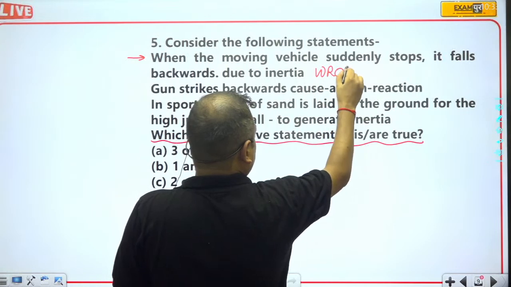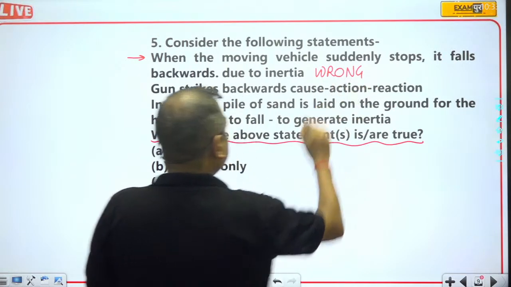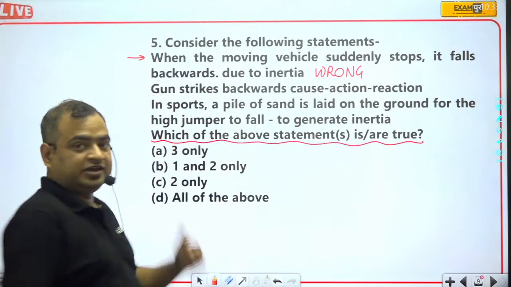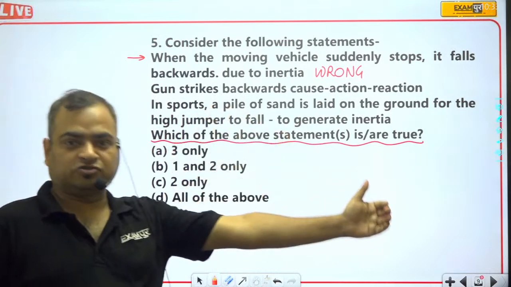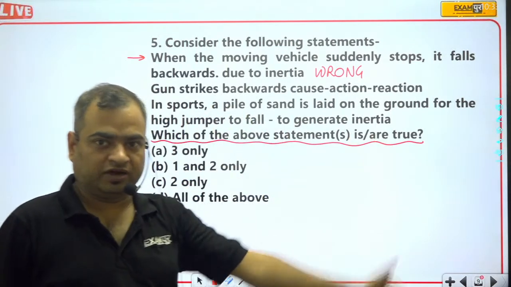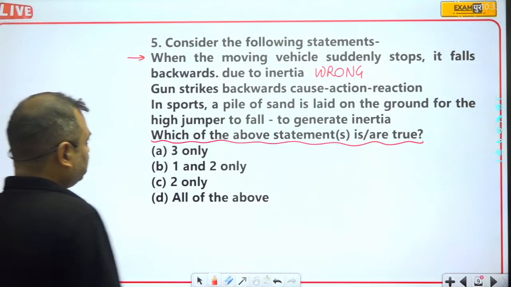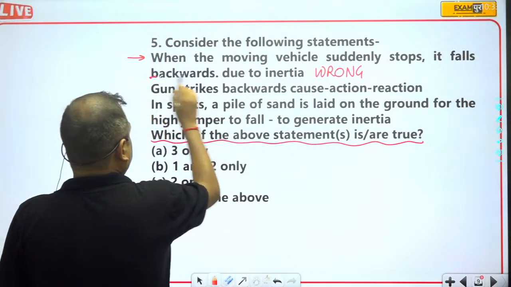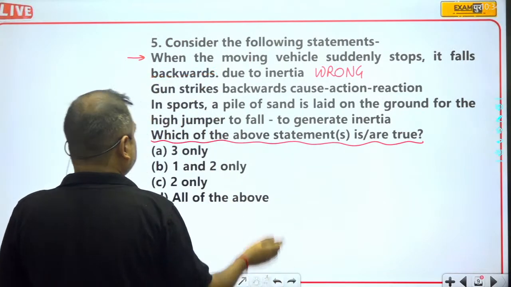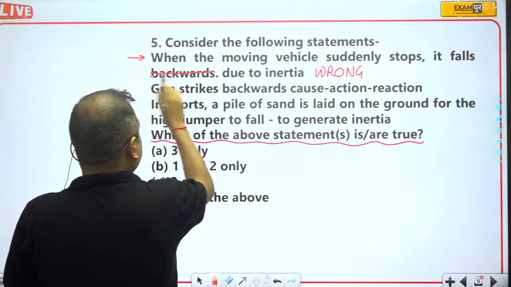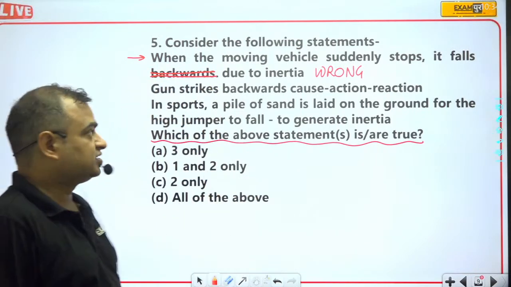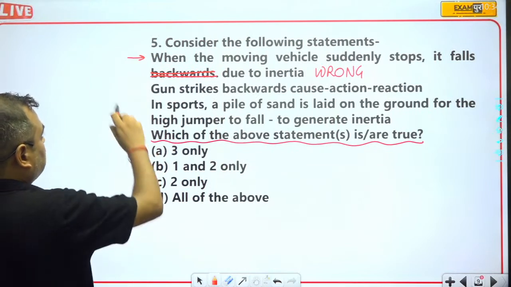When a moving vehicle suddenly stops, it falls in the direction of the motion, in the forward direction. So backward is actually wrong. Forward is the correct answer. So this is the wrong statement.